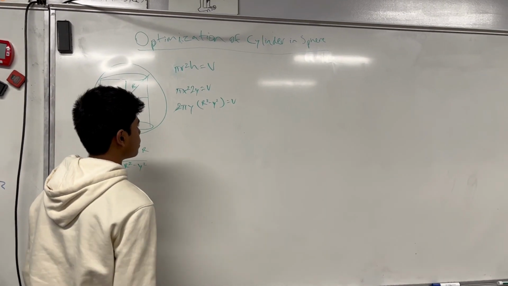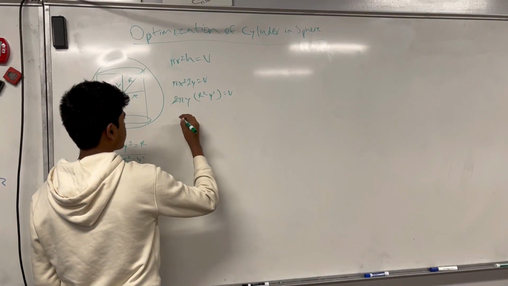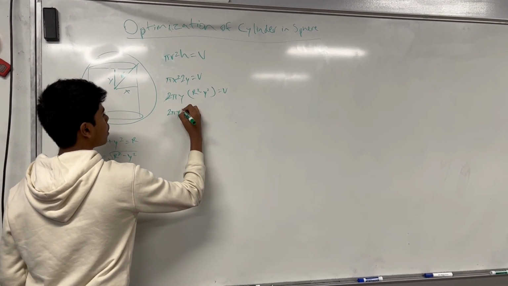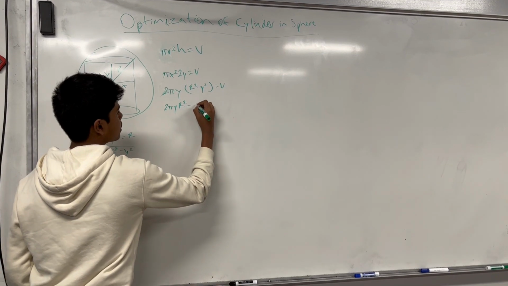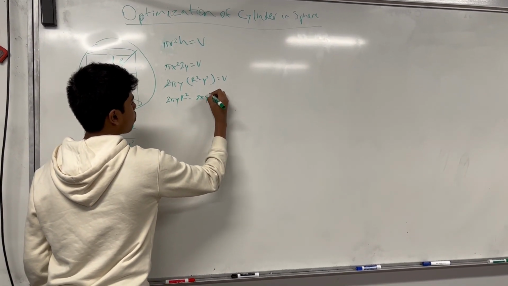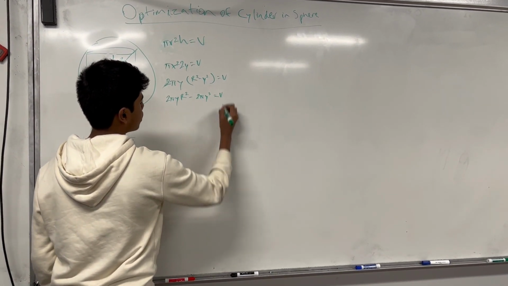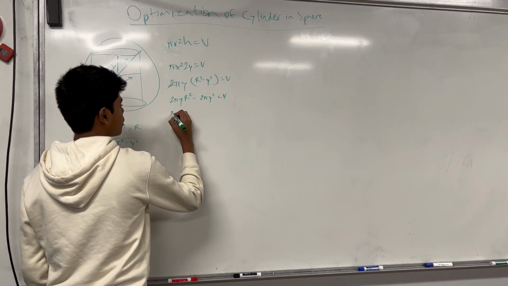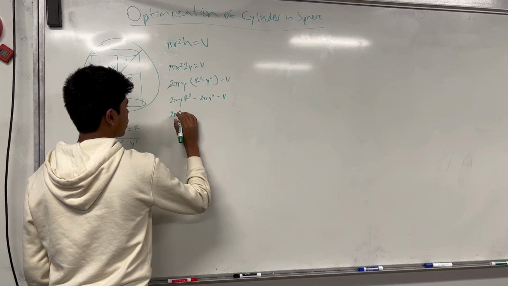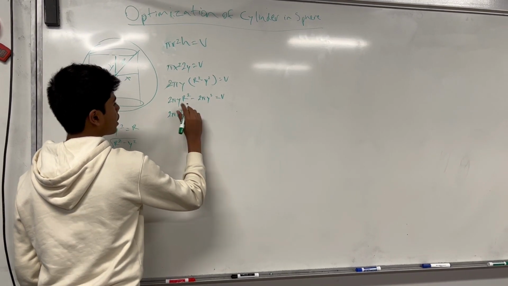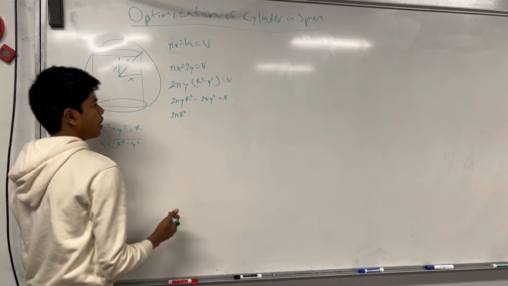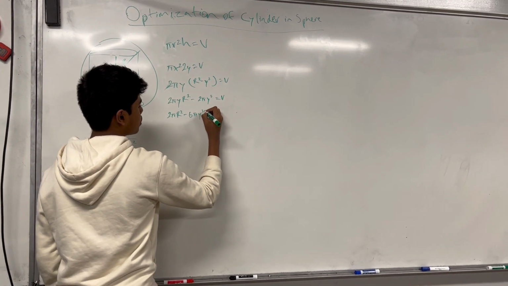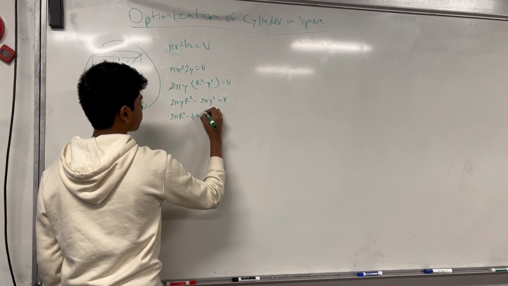Now we want to take the derivative of this, or first let's simplify it. 2 pi y r squared minus 2 pi y cubed, and that's equal to V. We take the derivative of this and set it equal to 0. So we get 2 pi r squared, because r here is a constant, minus 6 pi y squared.